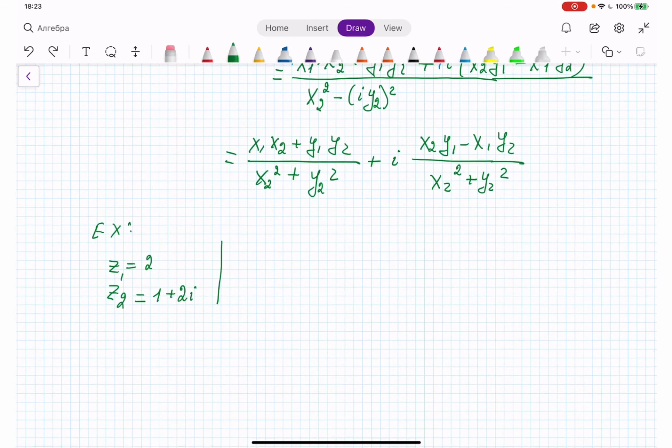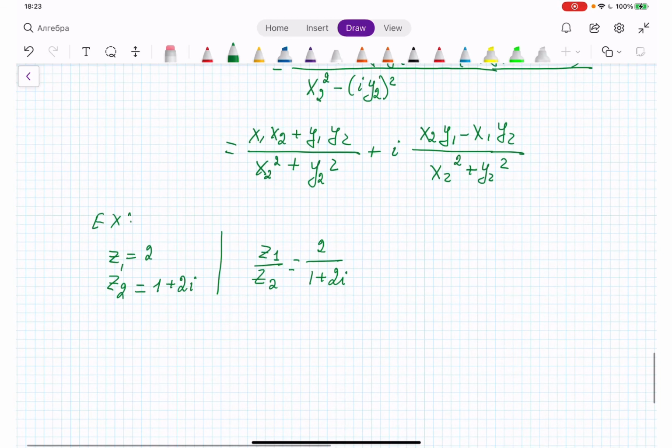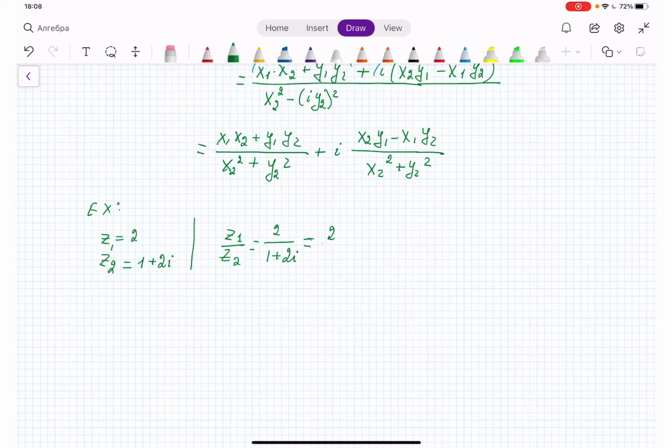So practically z1 divided by z2, we are getting 2 divided by 1 plus 2i. This is equal 2 divided by 1 plus 2i, and we need to multiply by the conjugate, 1 minus 2i.